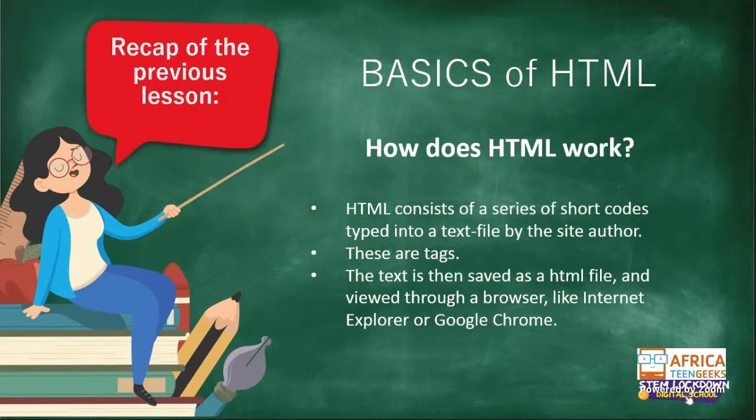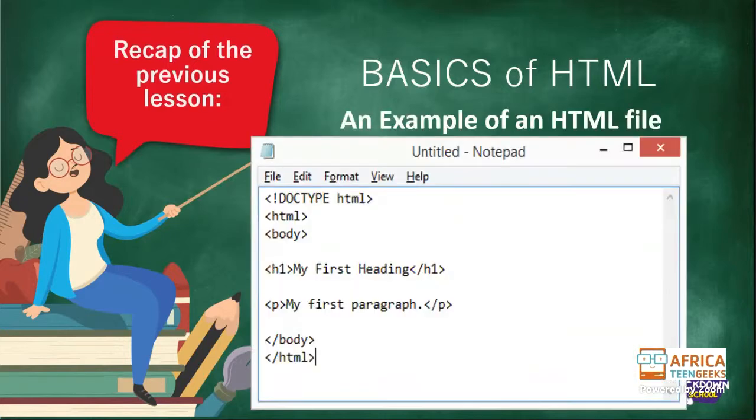Once the text is saved as an HTML file, we can then view it through a browser, and these browsers include Internet Explorer or Google Chrome. This over here is a simple example of what an HTML file looks like.